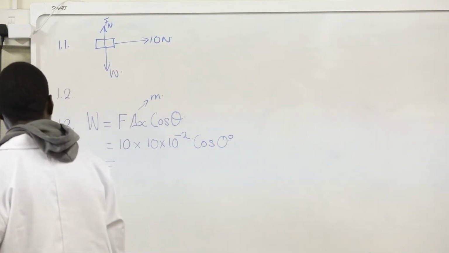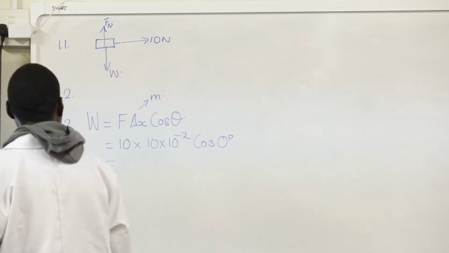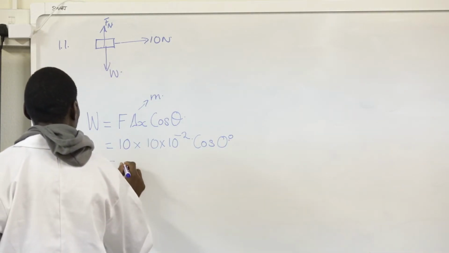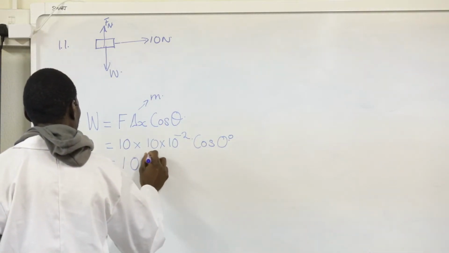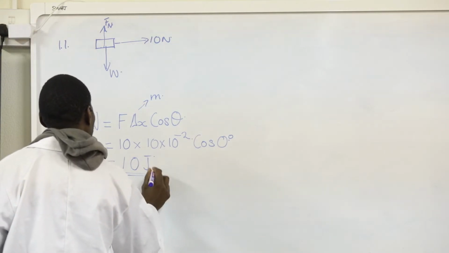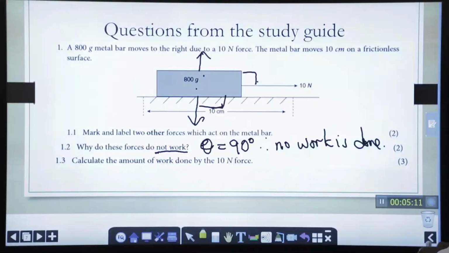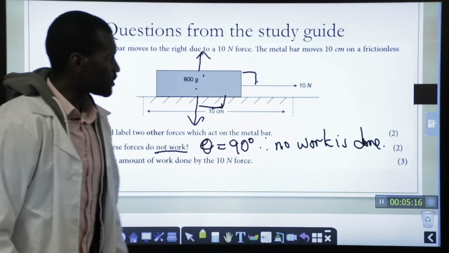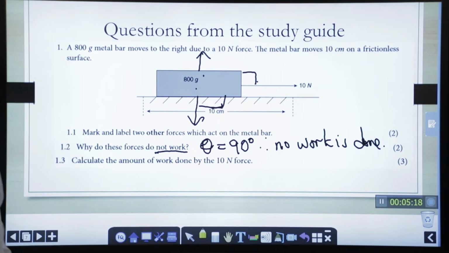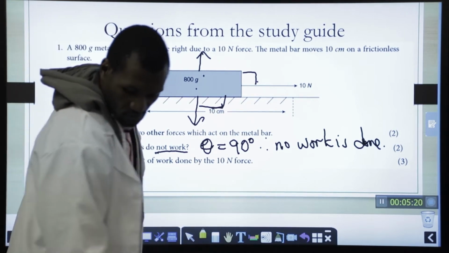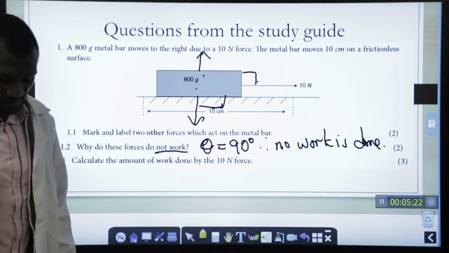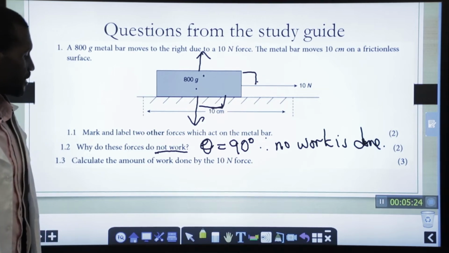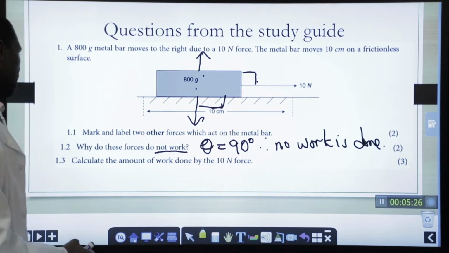If you do your calculations properly, you would find that our answer for the work done is in joules. So as you have realized here in this answer, our work done is calculated in joules. The work done by the 10 Newton force is going to be 10 joules in this instance. All right, let's move on to the next question.